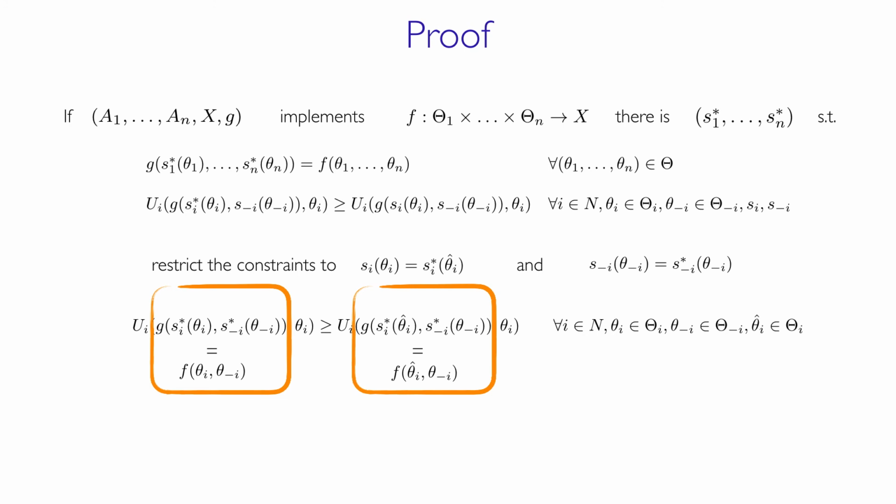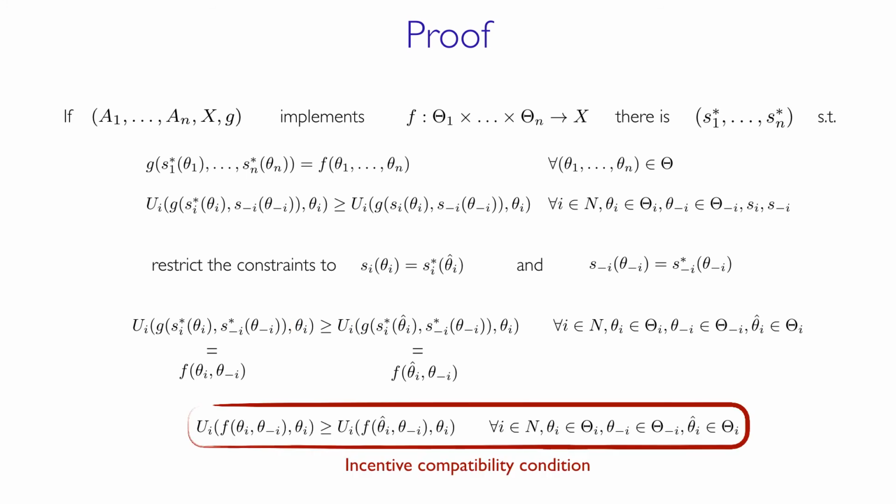So we can substitute the outcome function with the social choice function, in which the arguments are the corresponding types. Thus, we obtain this new formula that states exactly that the social choice function f is incentive compatible.